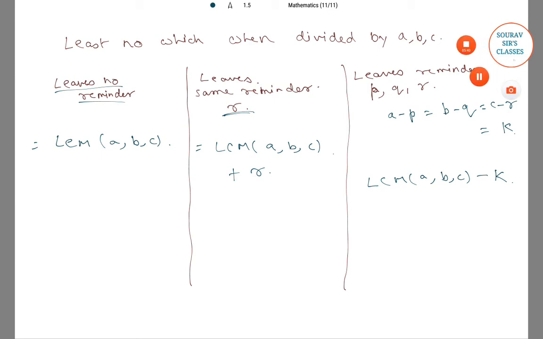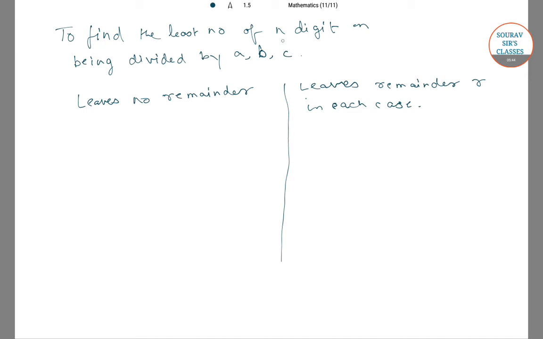Now let us suppose we have to find the least number of n digits which on being divided by A, B and C leaves no remainder.